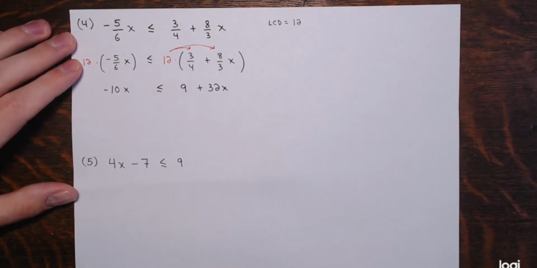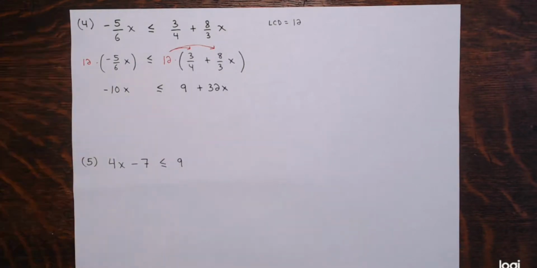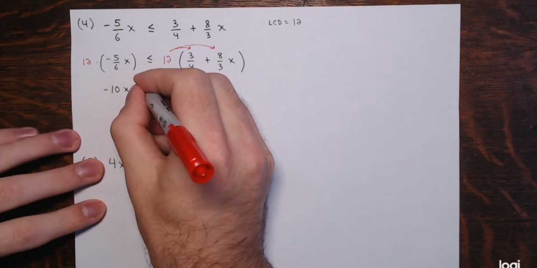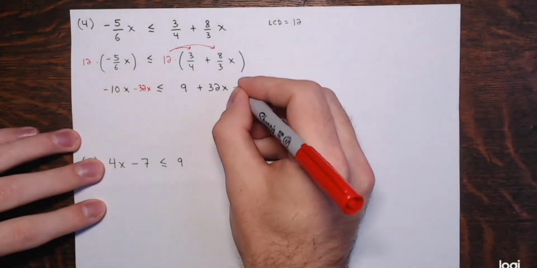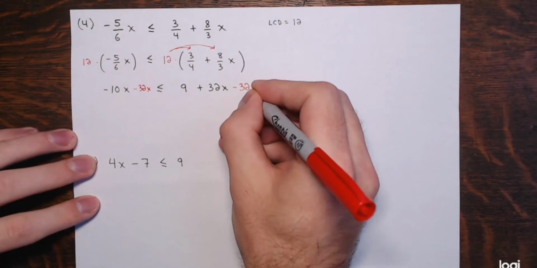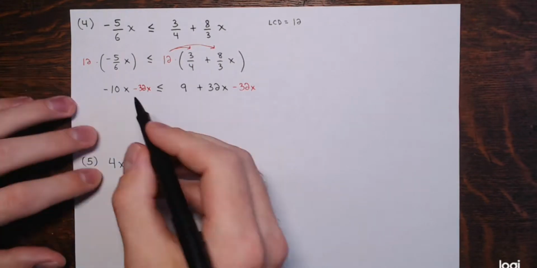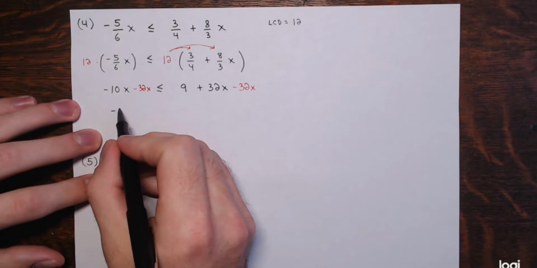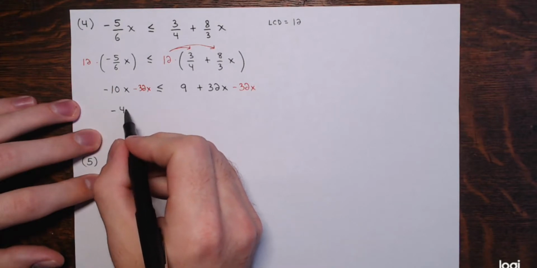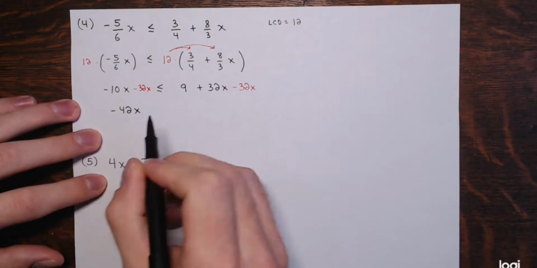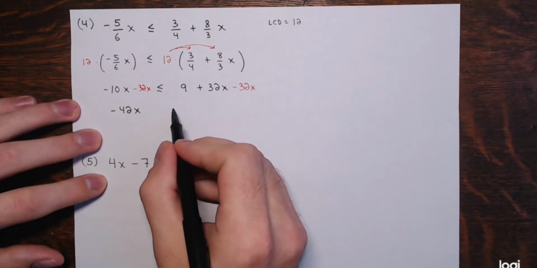Okay, and then all I would need to do here is subtract 32x from both sides. Now the symbol wouldn't flip, but on the left side I'd have negative 10 minus 32, negative 42x. On the right side I'd have just 9.